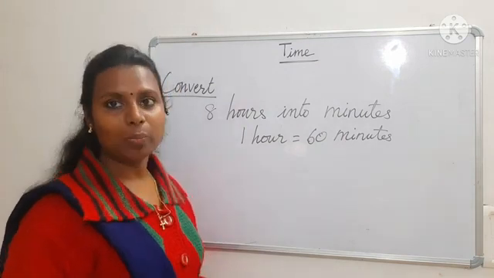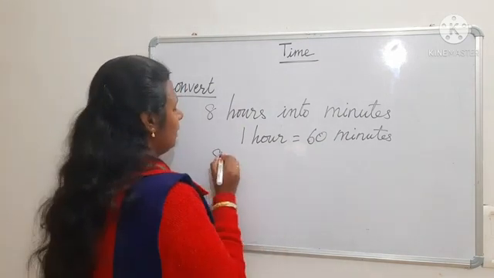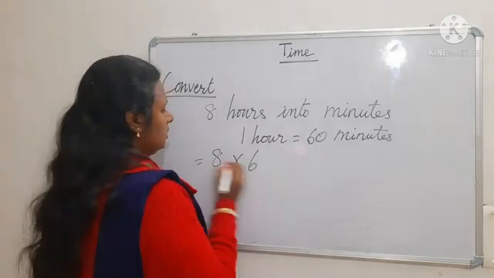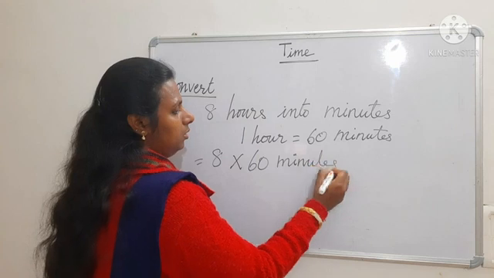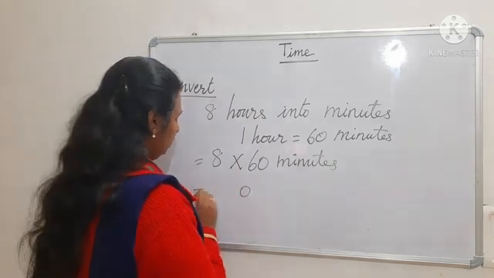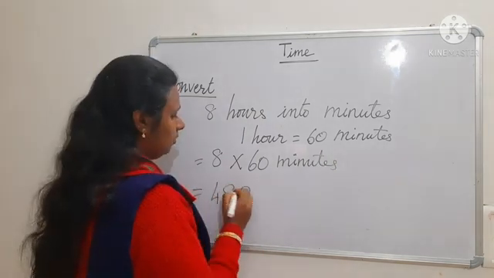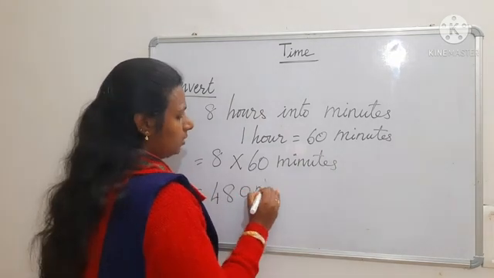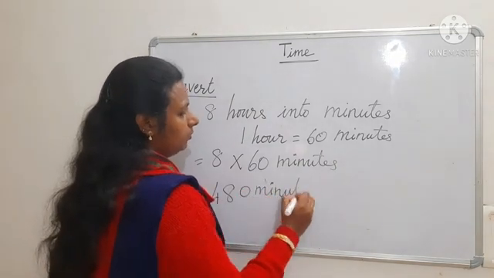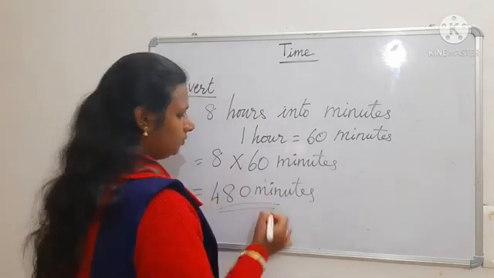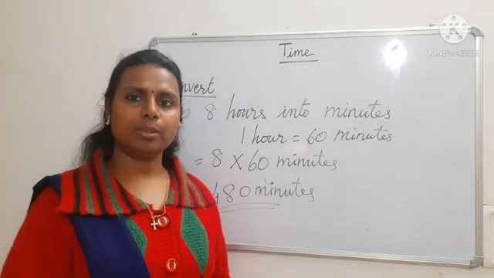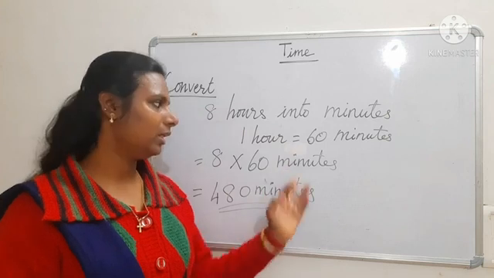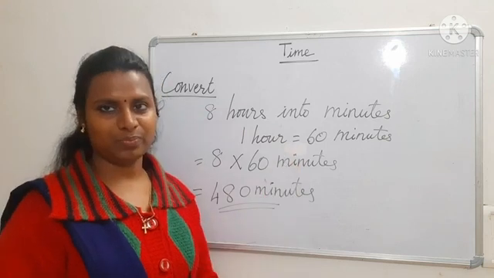So 8 multiplied by 60 minutes. 0, 8 6s are 48, so 480 minutes. Have you got it? Very simple. Methods are the same, only the measures are different.